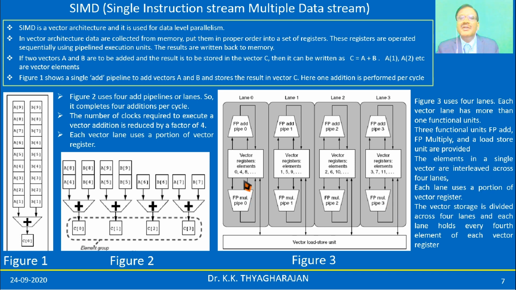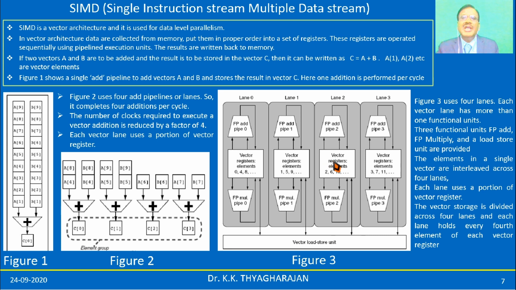Each lane is using a portion of the vector register as we did here. That is, the first lane is using the first element, which starts with 0, then 1, 2, 3 by the other lanes. After that, 4 will be operated by the first lane, then 5 by the next lane, and 6 is handled by this lane, 7, then again 8 will be handled by the first lane.